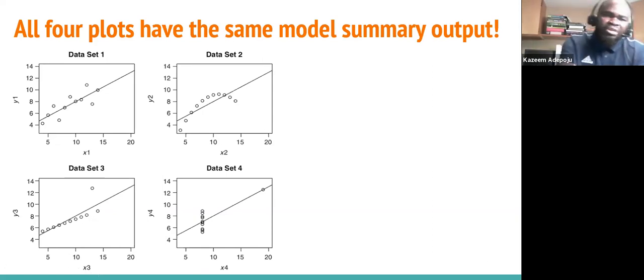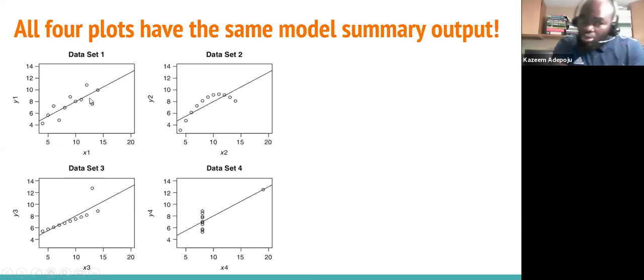You can see what we have in data set 1, data set 2, data set 3, and data set 4. I want to tell you right now, if you look at data set 1, there is no issue in data set 1. The data set 1 is linear.